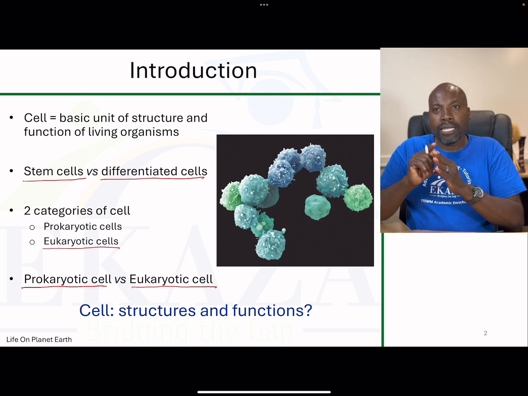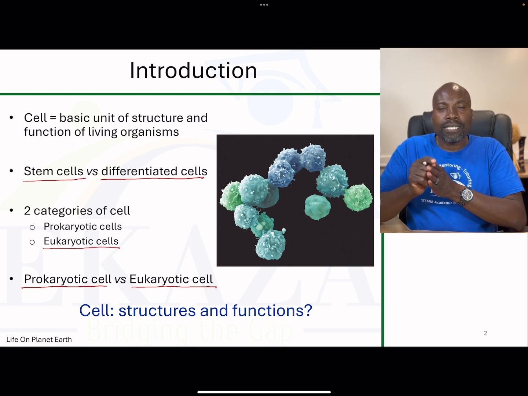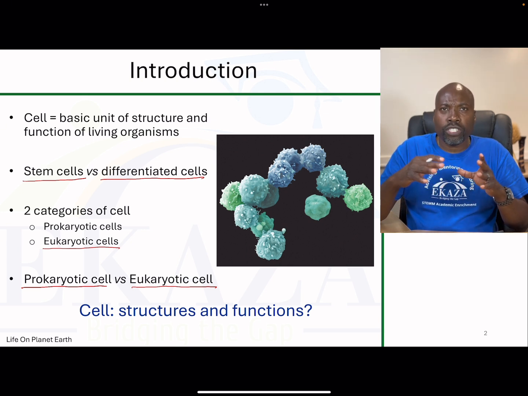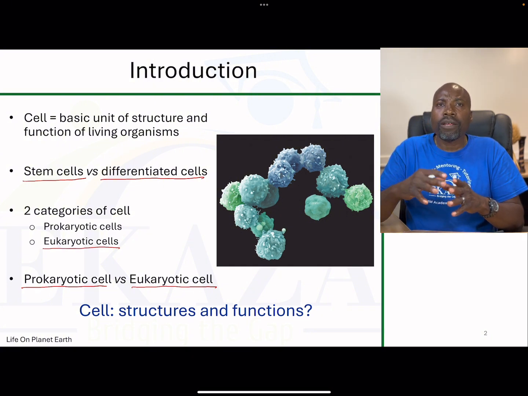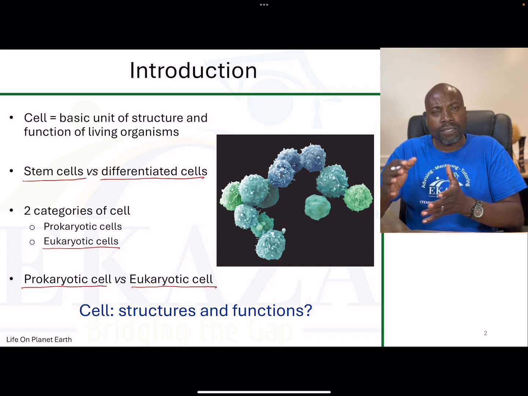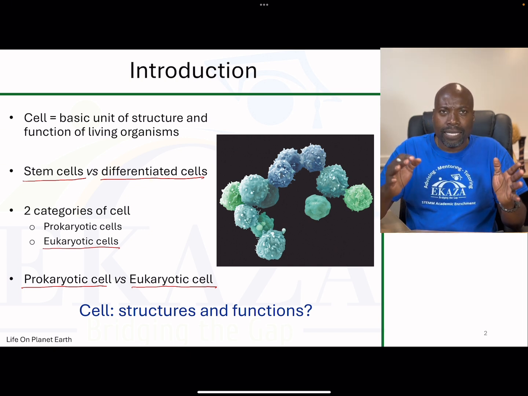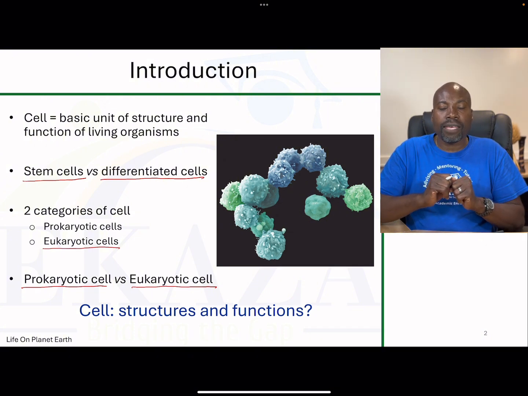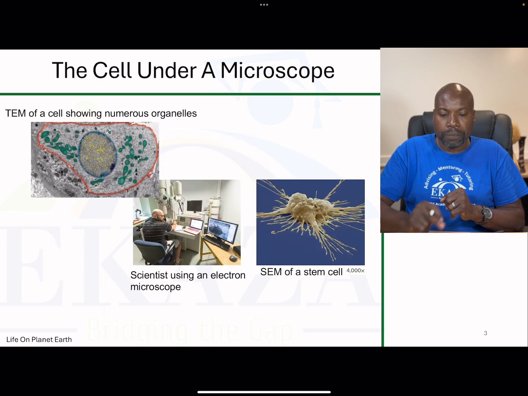Also, and as important, what are the basic structures that are found in a living cell, whether you are talking about prokaryotic cells or eukaryotic cells? What are the basic components of a cell? These are things we are going to address in this chapter.